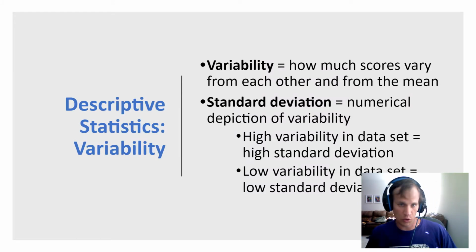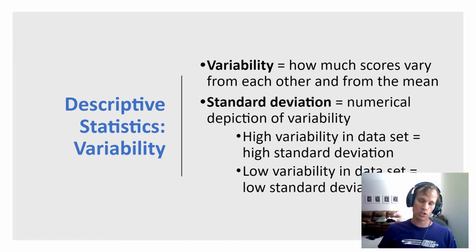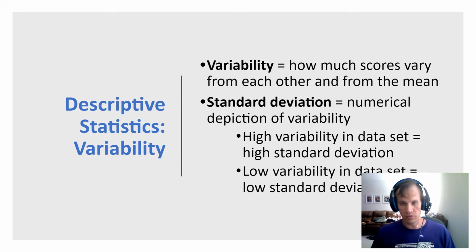Another factor that you have to account for is variability. How much do your different data points vary from each other and from the mean? To find this, we use standard deviation, and this is a much more complicated equation.